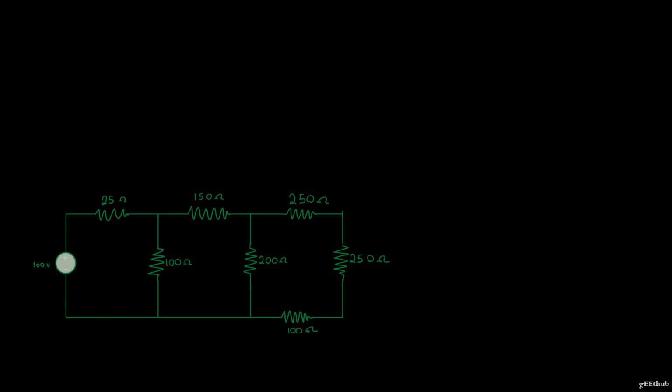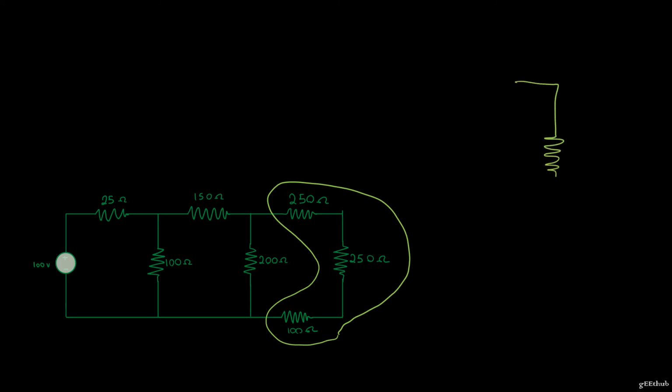And still I don't have any information about the potential drop across this resistor. So what I'm gonna do is repeat the same process. So I have 3 resistors in series. It's 250 plus 250 plus 100, it's 600. That is parallel to a 200 ohm resistor.